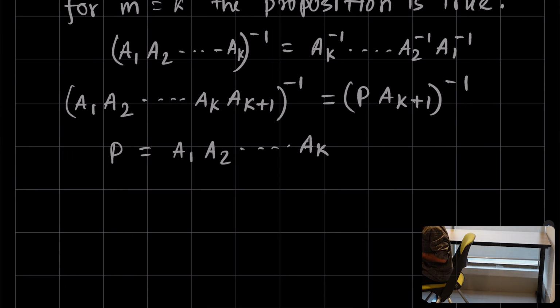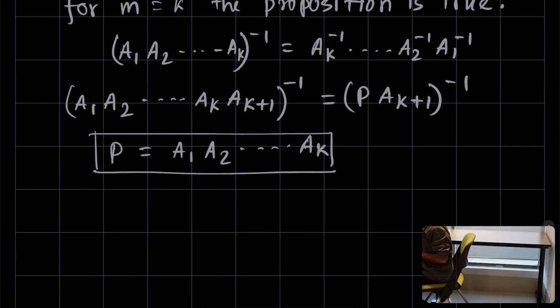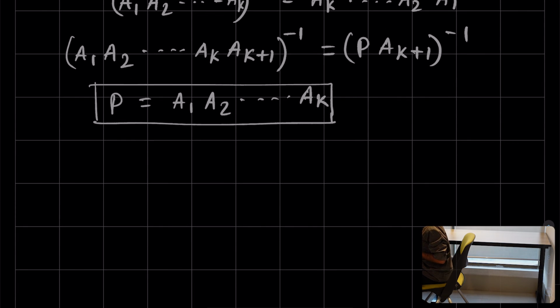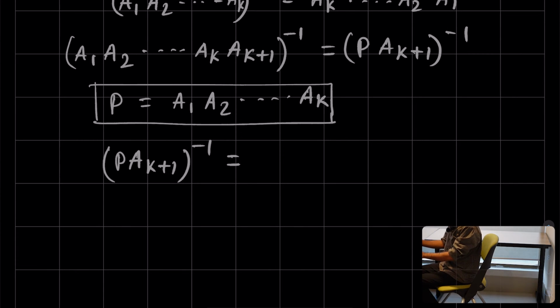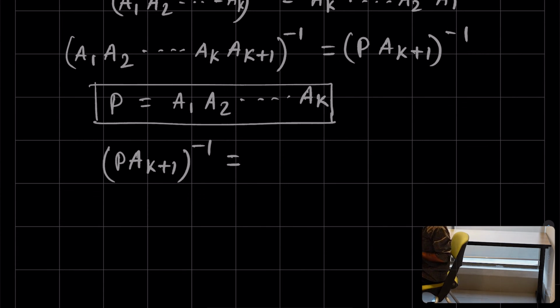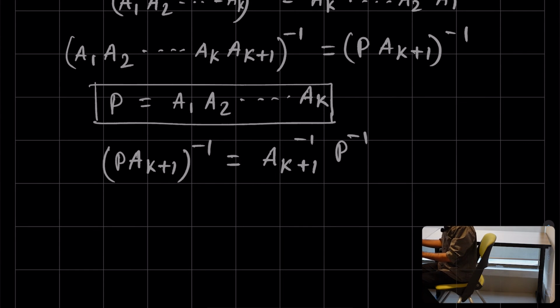Okay, so this is the definition, and from the first part of this proposition, P A K plus 1 inverse is equal to A K plus 1 inverse P inverse, right?